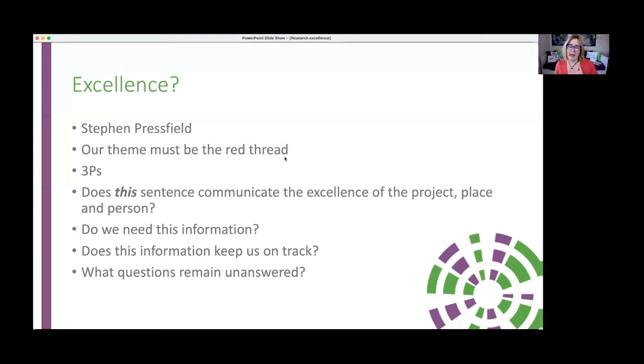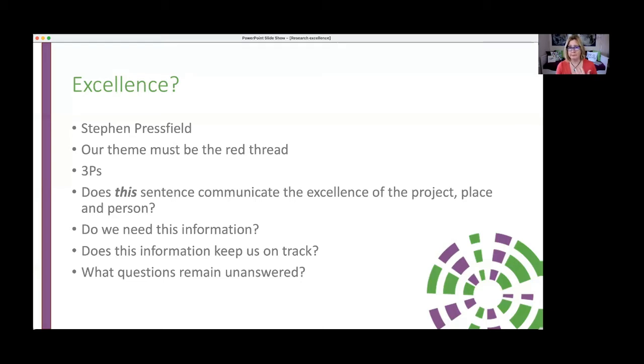If we're looking at grants or fellowships, then we have our 3 Ps to fold into the mix. These need to be woven throughout. The 3 Ps are the person, that's you, or the people if it's a grant with lots of people.